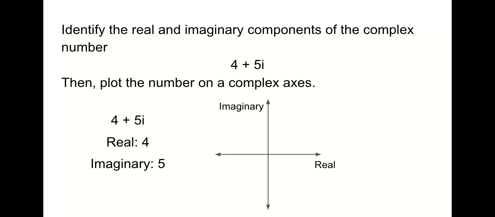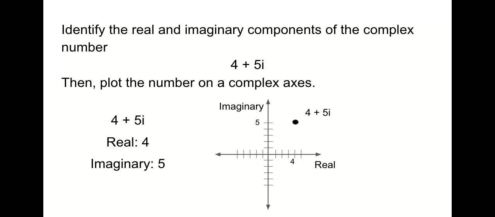I'm going to plot it just like I would normal numbers. I have a 4 and a 5, so I'm going to do tick marks, 5 right, 5 left, 5 up, 5 down. On the real axis I'll go 4 tick marks over, that's my 4. On the imaginary axis I'll go 5 up, so that's my 5. Again, I didn't put 5i, I put 5 because 5 is in the direction of the imaginary. So to graph 4 plus 5i, I just graph those pieces. This is the complex number 4 plus 5i.